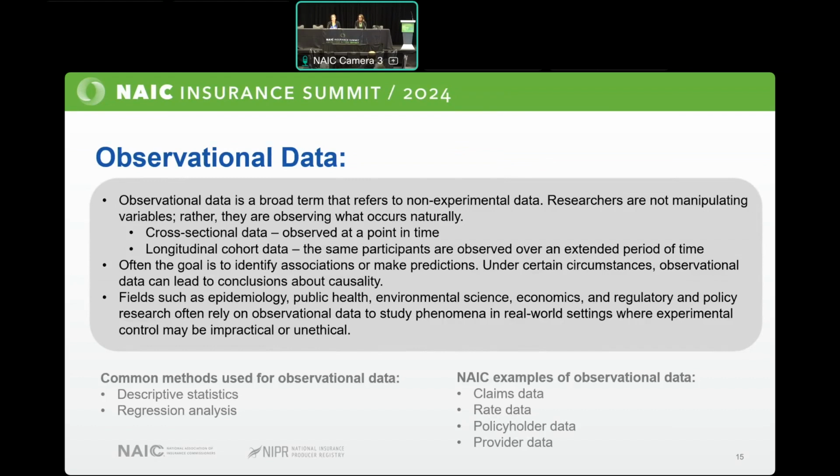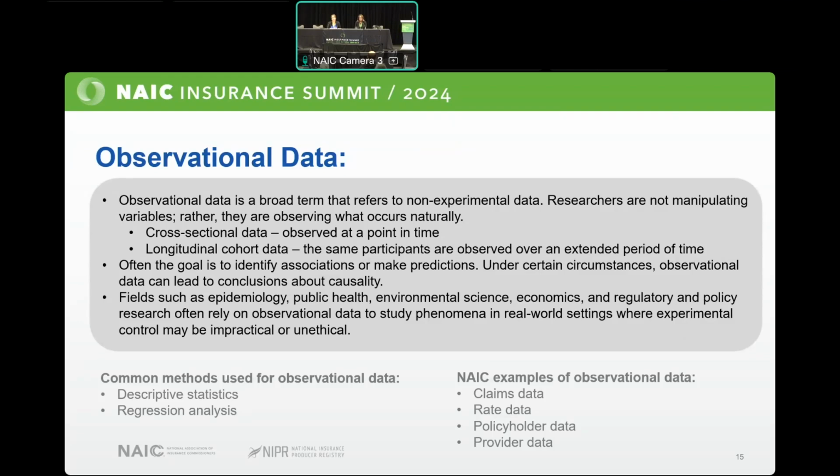It could be longitudinal cohort data, so you're examining the same participants over an extended period of time, taking multiple measurements, and you want to look for trends over time. Often the goal of observational data is simply to see what sorts of associations or correlations you can see in the data.